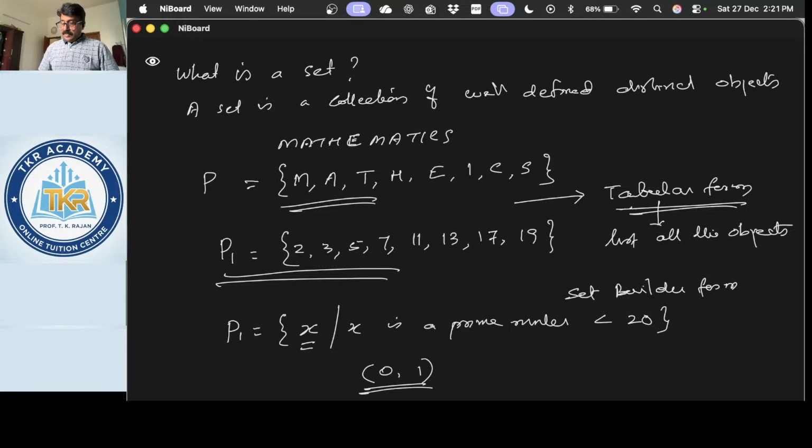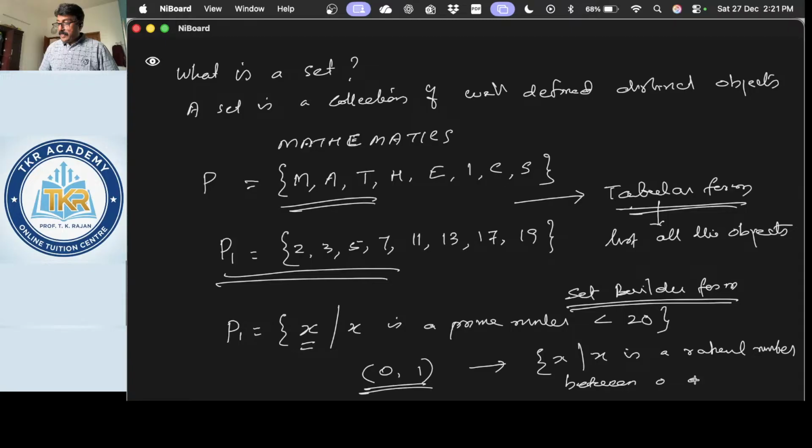So we go for set builder form for writing the set of all rationals in between 0 and 1. It is written like the set of all x such that x is a rational number between 0 and 1. This is the way we write set builder form.